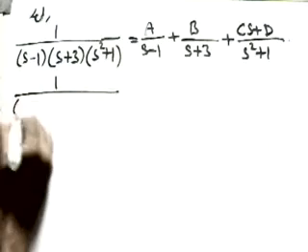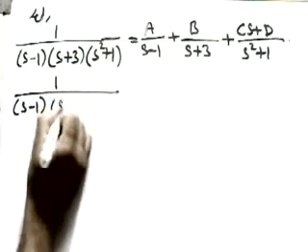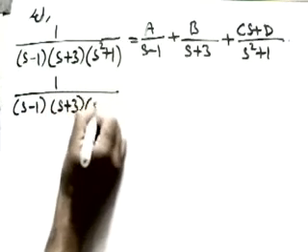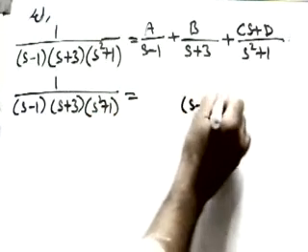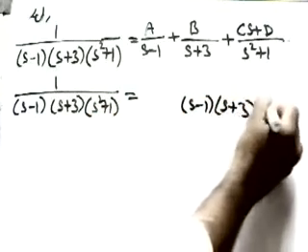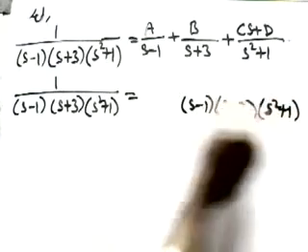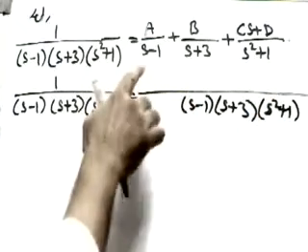Let me take the LCM. Write this as it is, 1 divided by s minus 1 s plus 3 into s square plus 1. The LCM is s minus 1 s plus 3 into s square plus 1.